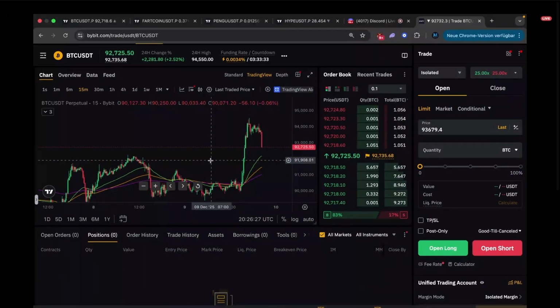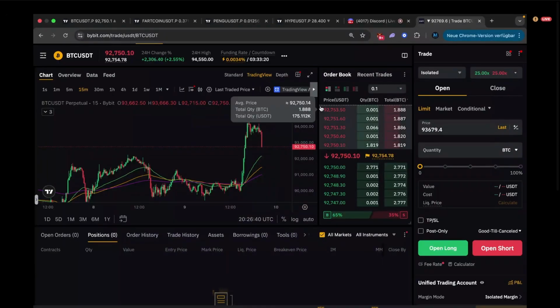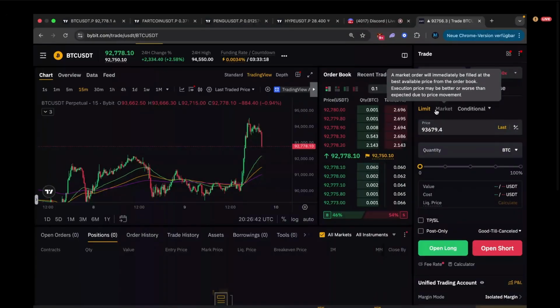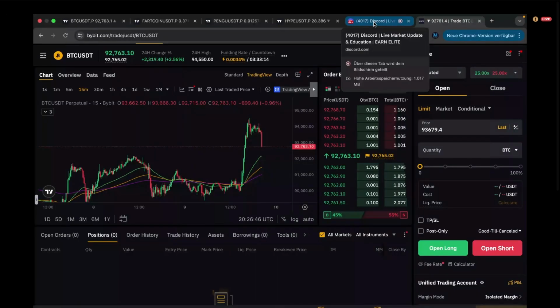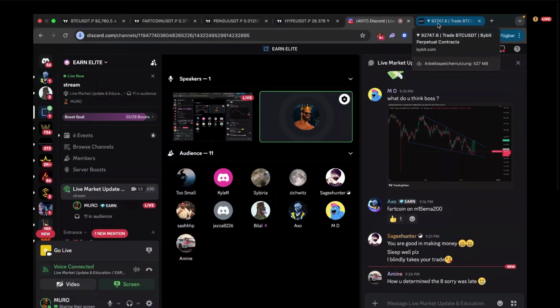So if you journal your trades, and there are journals, they are like sheets on the internet where you can type in everything about the trade: why you took it, reasoning, how much you risked, the position size, and how much profit you made. I think brother Dan, who is in the talent section, is journaling his trades really nicely. If you want, you can ask him and he can show you how to do that.